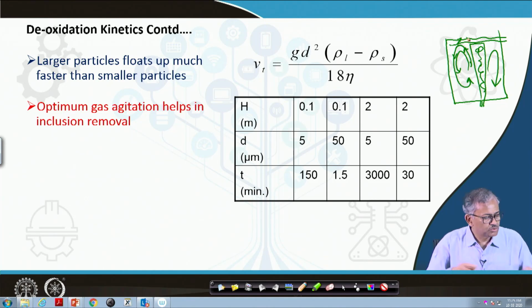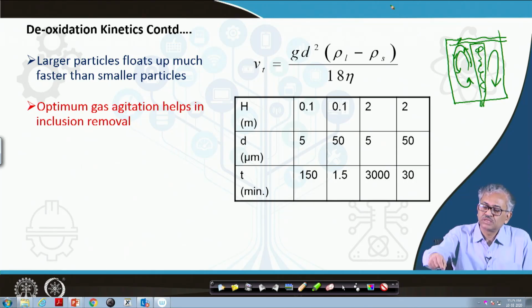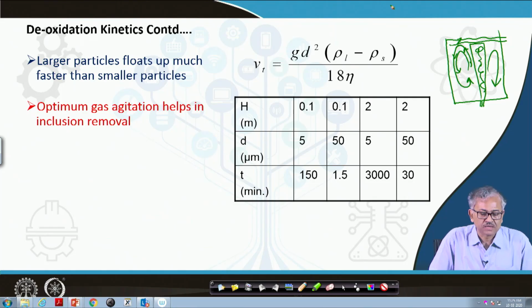That is how stirring helps in inclusion removal: inclusions are entrained in the moving liquid, they move to the surface, and then into the slag. So optimum gas agitation helps in inclusion removal, but not very high agitation.